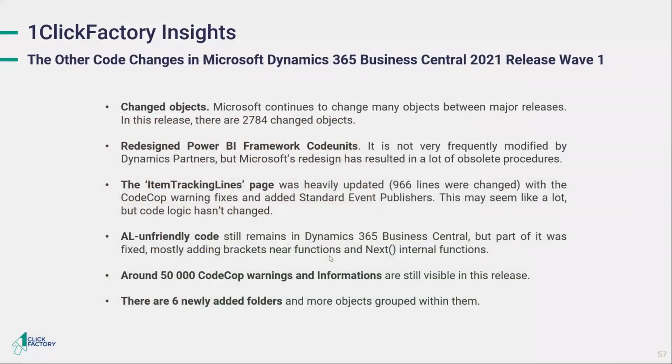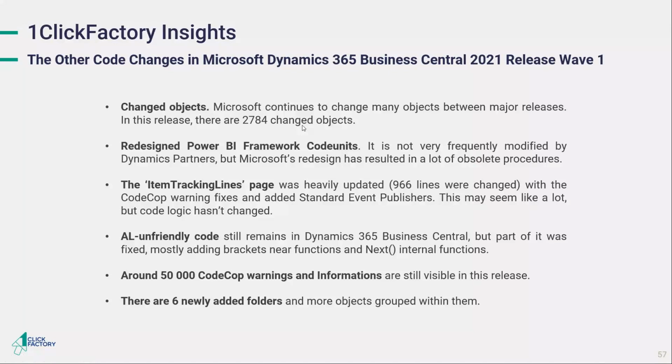Then the other code changes. Microsoft is still changing a lot of objects with each release, because Business Central has about 7,000 or 8,000 objects, and in each release 2,500 objects are being changed.